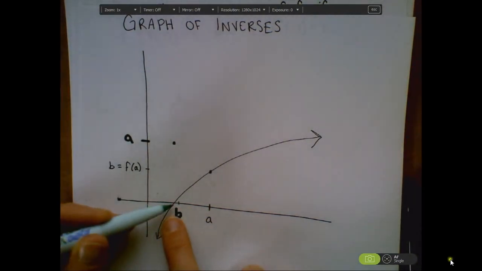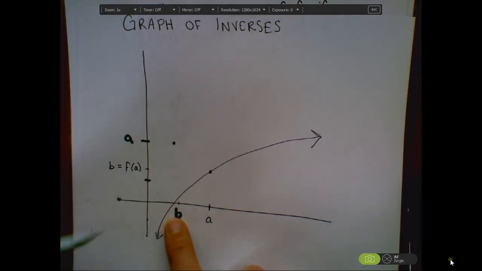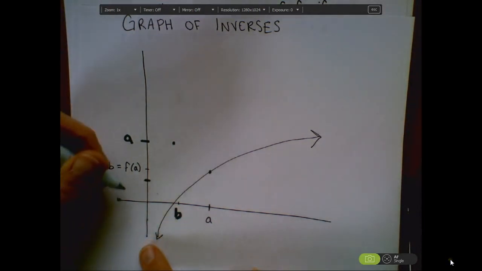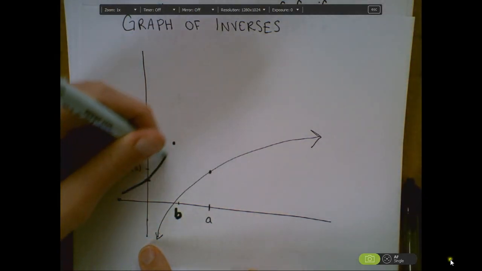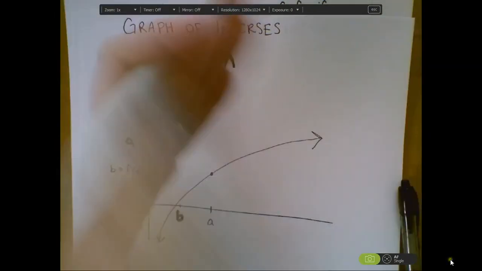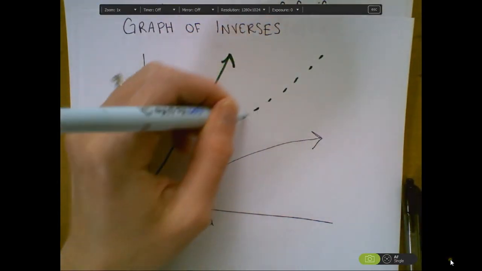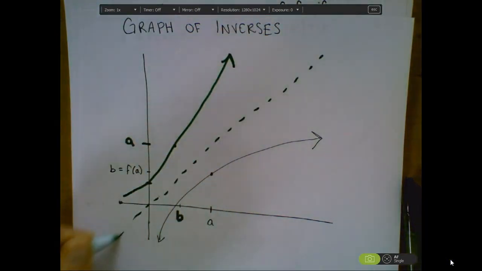When I plug in this point, I get out a height of 0. So if I start with a height of 0, I better get out something at that height as well. It means that my inverse function is going to exactly flip-flop the inputs and outputs, which is the same thing as reflecting it along the line y equals x.